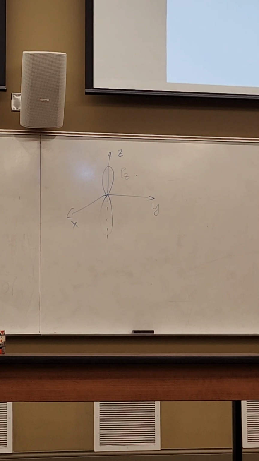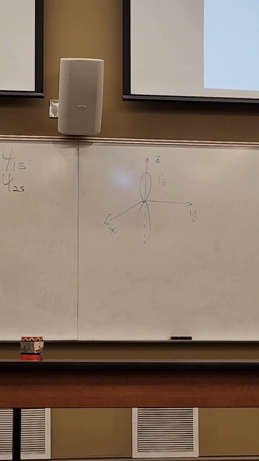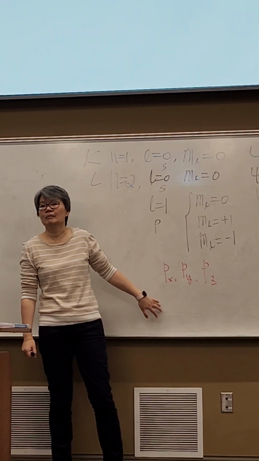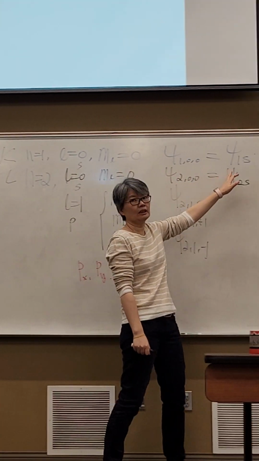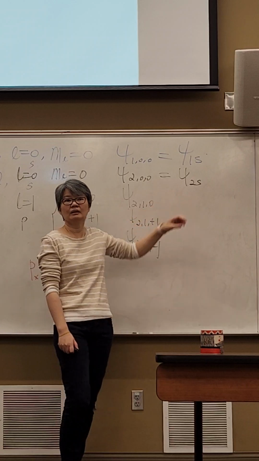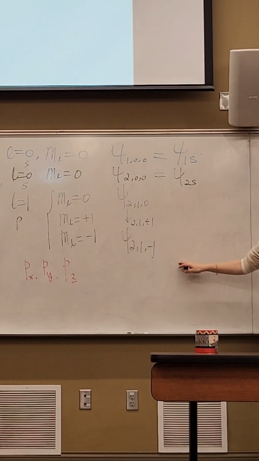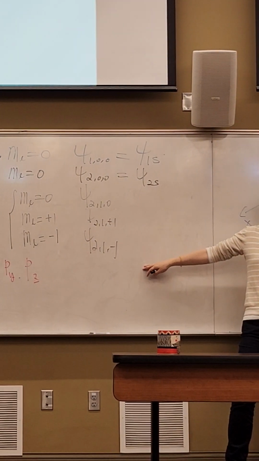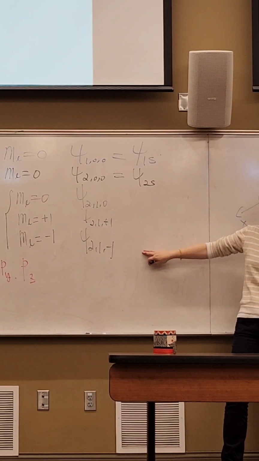Now we have those 3 wave functions. How are we going to represent those 3? We say the 1, 0, 0 is a direct 1s, 2, 0, 0 is a direct 2s. Now I have 3 wave functions for 2p right here.